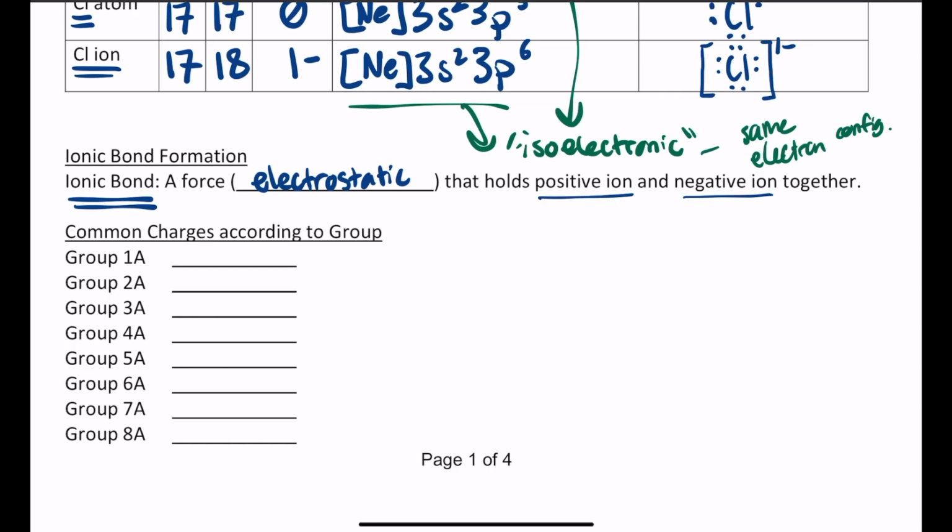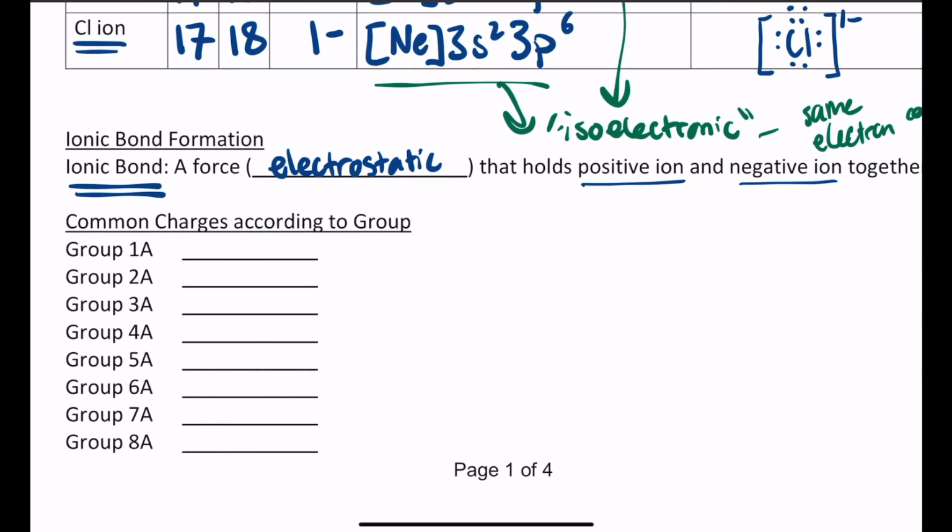You can always conceptually go back and think, if I have this many valence electrons, and I'm a metal, how many am I going to lose? Or if I have this many valence electrons as a nonmetal, how many am I going to gain to get to 8?